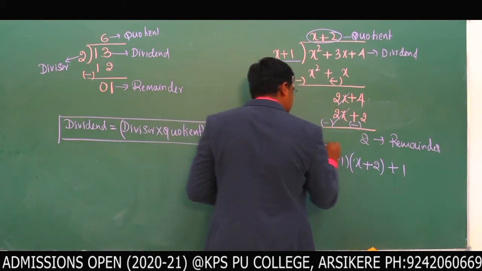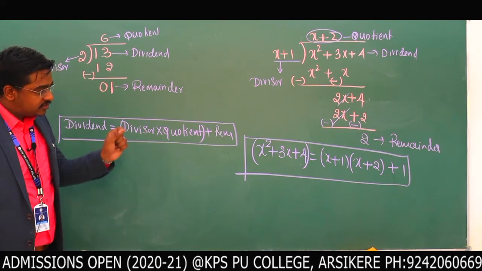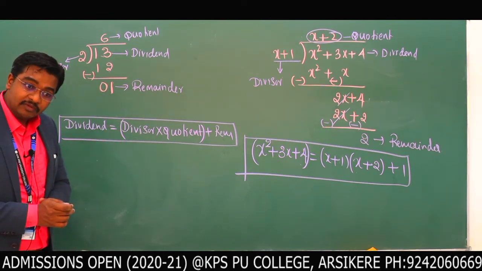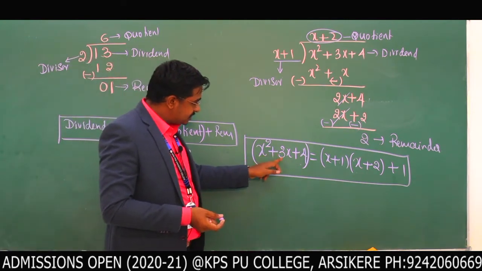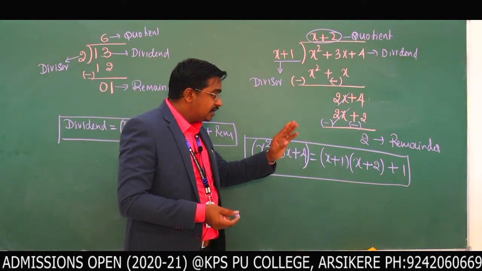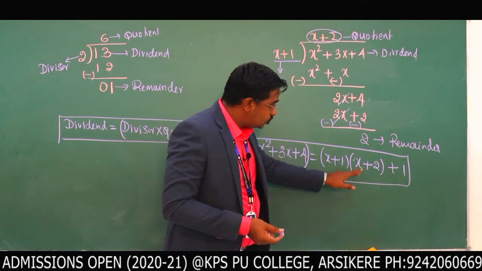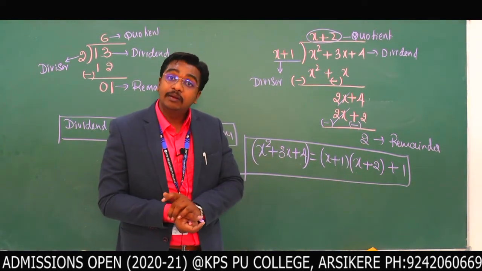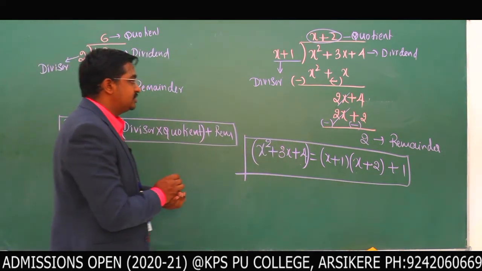So this expression is called the division algorithm. In the same way we have the general form. Repeating again, x square plus 3x plus 4 can be written as the product of two monomials, x plus 1 into x plus 2, plus 2. This 2 is called the remainder of the polynomial.